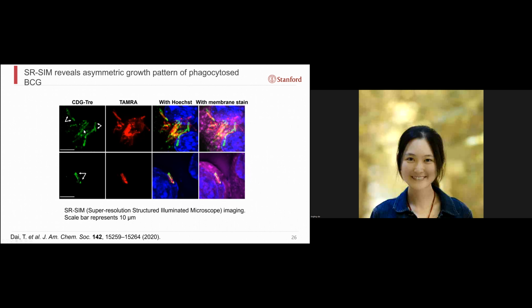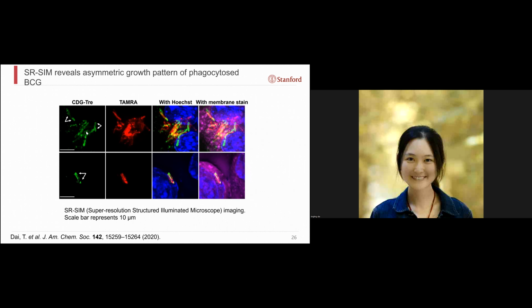And our probe was able to clearly show that behavior, and this has not been quite achieved in the previous studies. So if you see in the right channel, those are the bacteria that were labeled before the phagocytosis, and that is what has been achieved in the previous study.